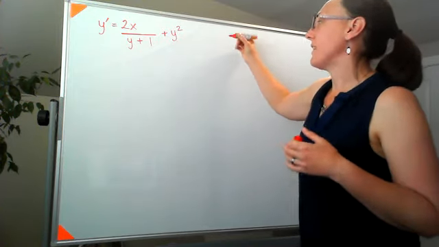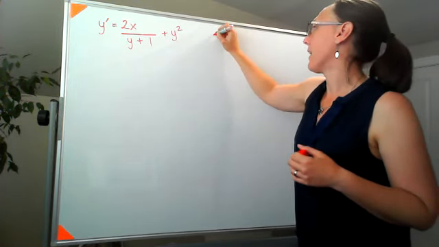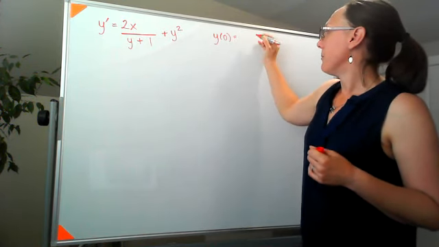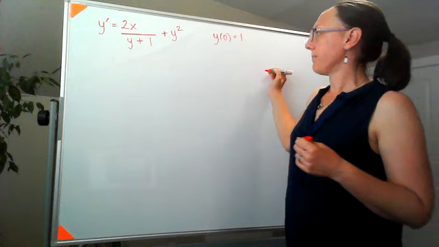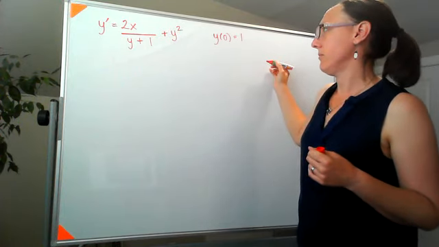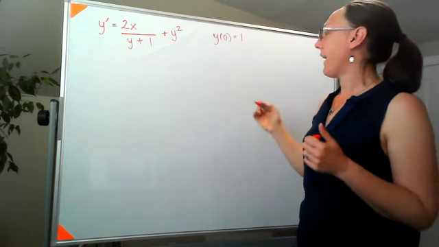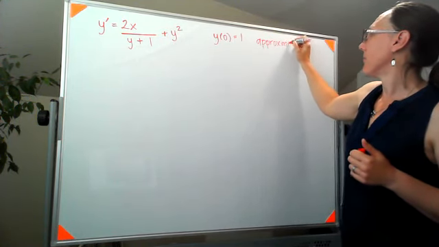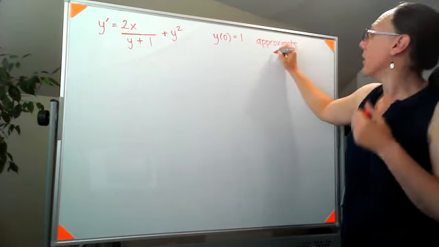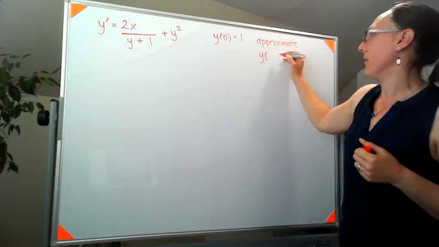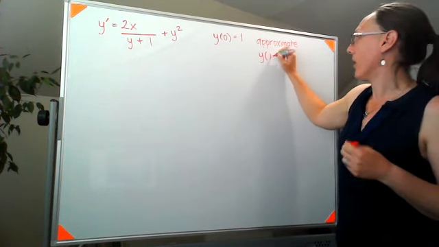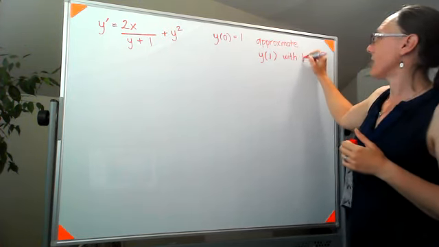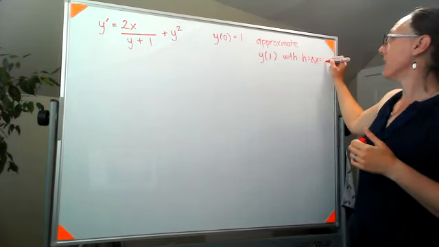So if I gave us an initial condition that y of 0 was equal to 1, and I wanted to approximate y of 1 with an h or a delta x of 0.5.